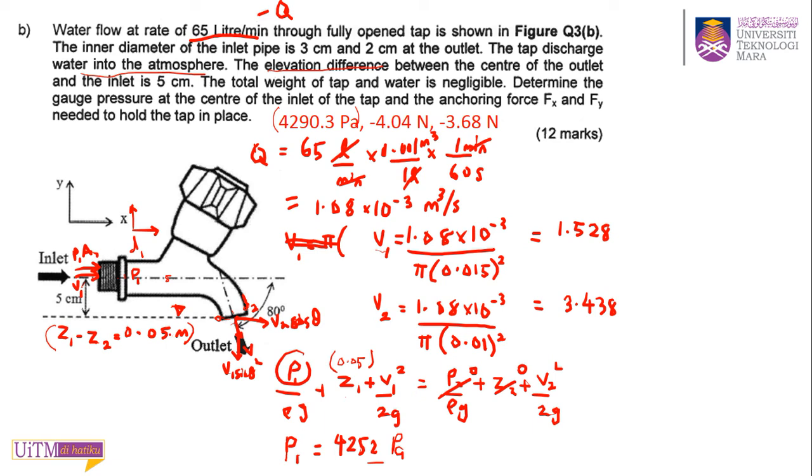I change 5 cm into meters, 0.05. This one is used when you calculate here. Z2 is 0, because this is my reference point. I take my reference point at point 2, so this is 0, and at point 1, this is 5. So the difference between Z1 and Z2 is 5 cm or 0.05 meter. Okay, fine, sir.